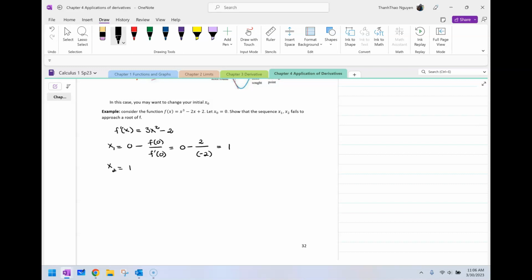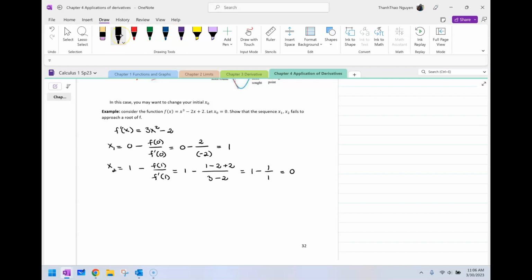x2 equals 1 minus f of 1 divided by f prime of 1, that's 1 minus 1 minus 2 plus 2 divided by 3 minus 2, which equals 1 minus 1 over 1. This equals 0. So note that it bounces right back to x0.